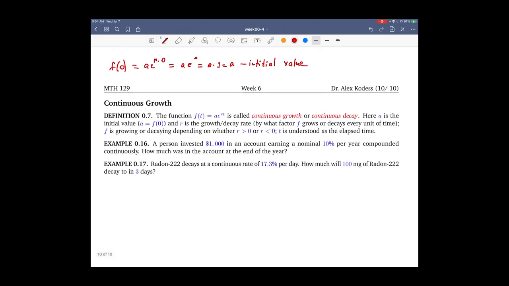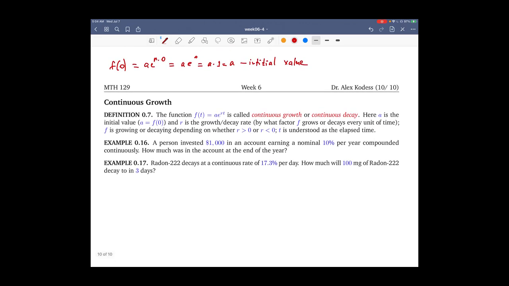That's also easy to check. If we compute f at t plus 1 over f at t, that'll be a e to the power r times t plus 1 over a e to the power rt.